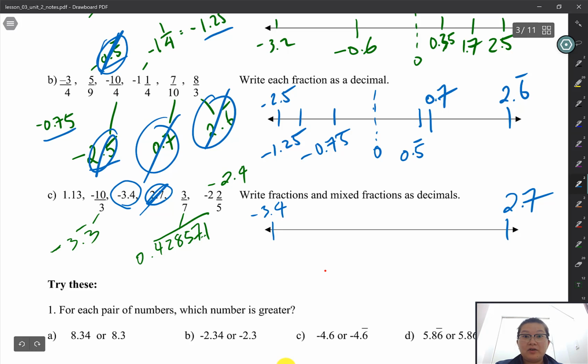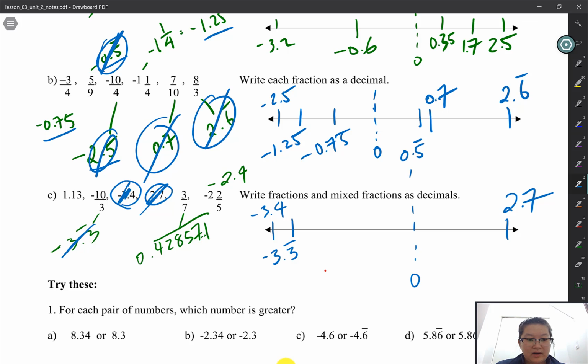Negative 3.4 is definitely going to be more negative. So, wow, that was a tricky one. They're very close to one another, but still doable. And then, of course, negative 3.3 repeated is going to be slightly bigger because you owe a little bit less money than the other person. And there we go. Let's put the 0 line here, and let's begin.